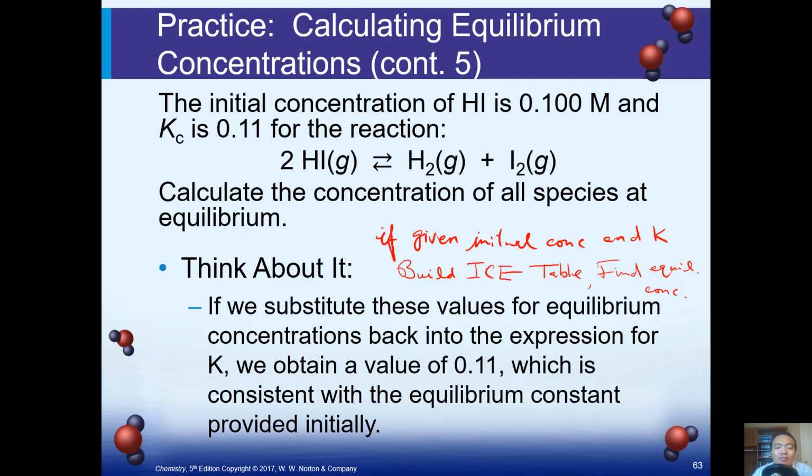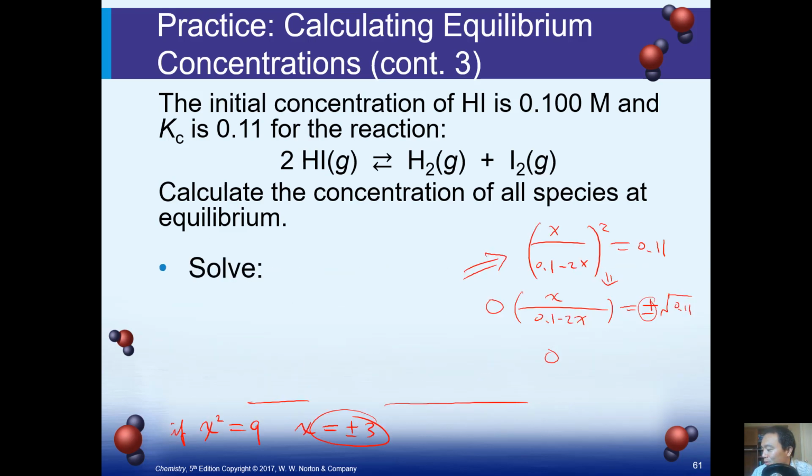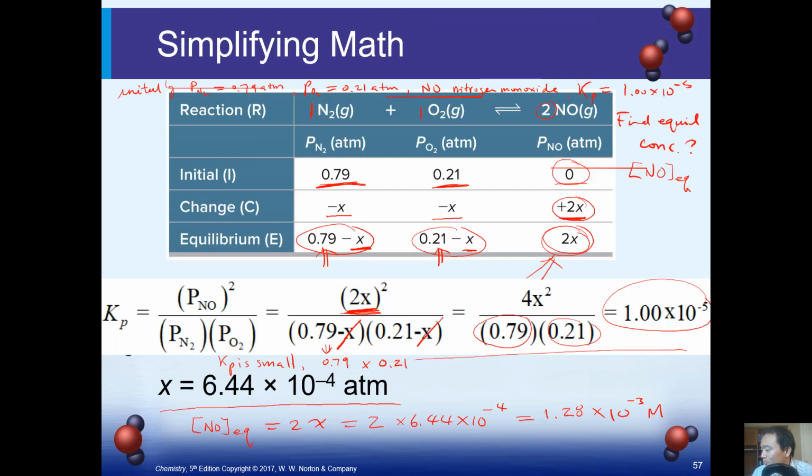But if K is extremely small, you can actually do the so-called small x approximation. What is small x approximation? We actually talked about it. For example, over here, because K is small, you cross out the change. See? So let me put this down.